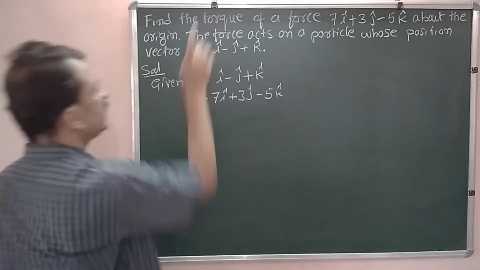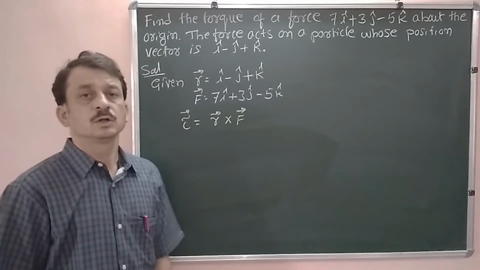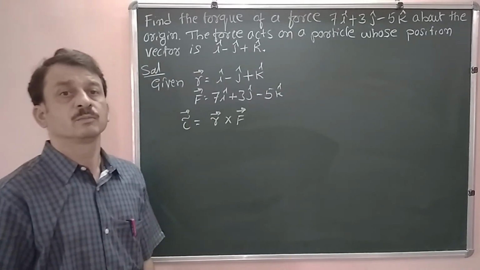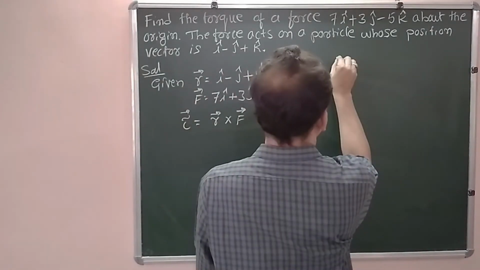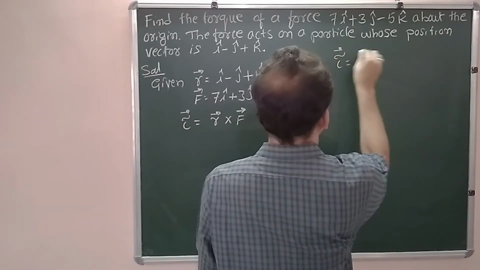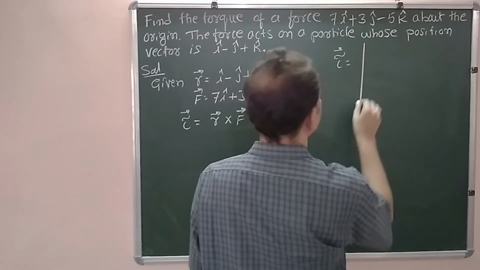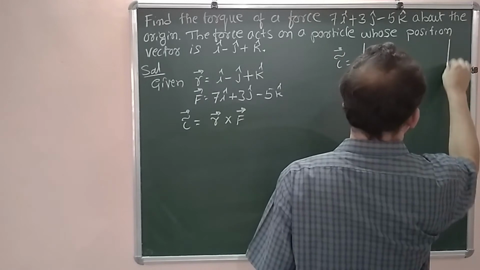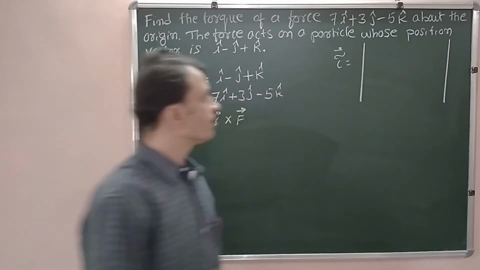Now what are we going to find? We have to find the torque. We will find it using the determinant method. How are we going to write the determinant? We have to write 3 rows and 3 columns.